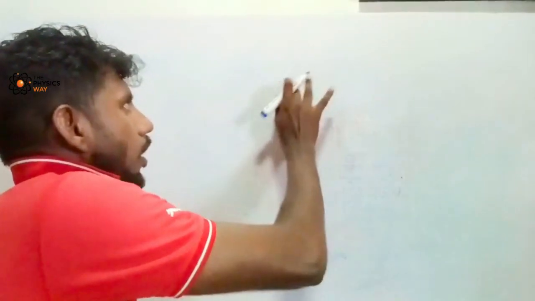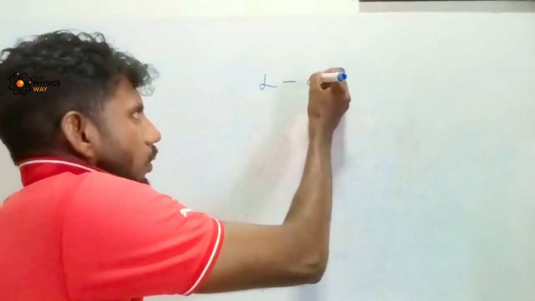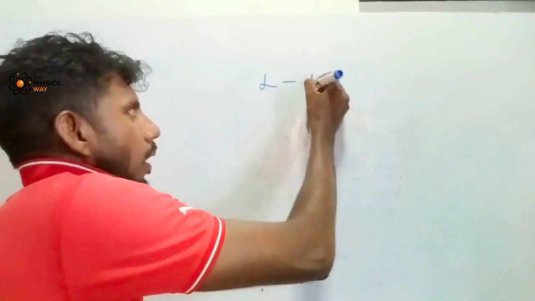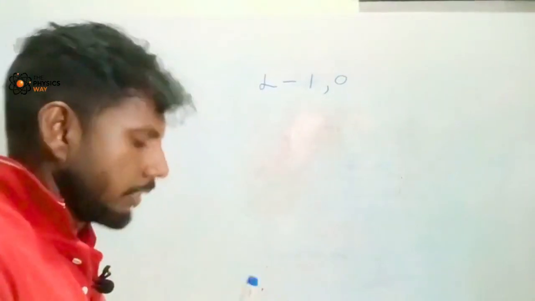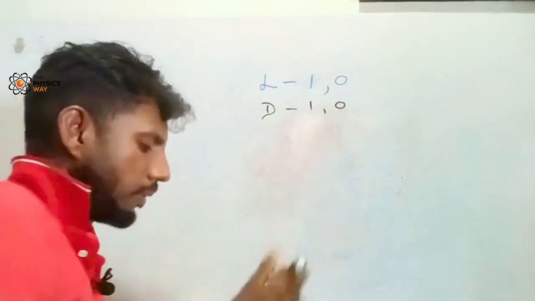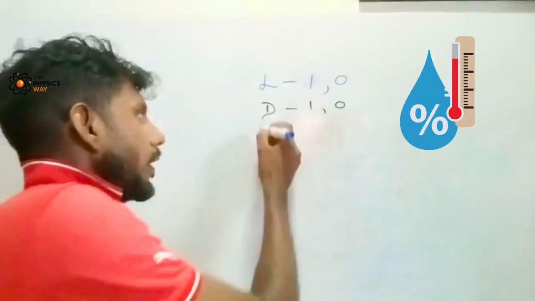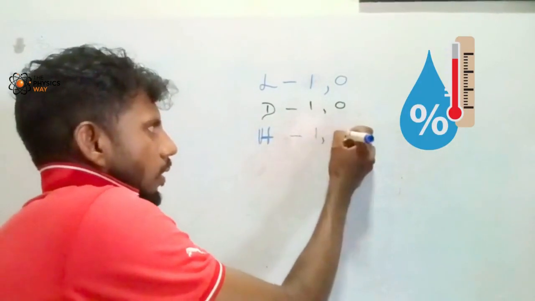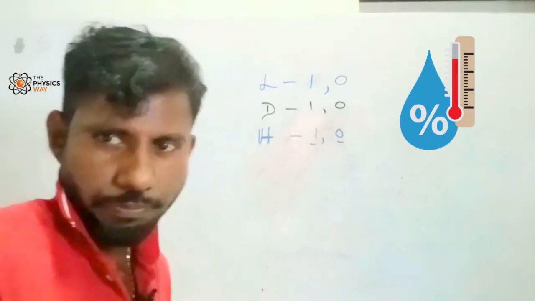If the laundry machine is in operation, L is 1. If it's not working, that's 0. And the door is closed, 1, and door is open, 0. Right. And the third option, humidity sensor, right? If the humidity sensor detects humidity, that's 1, and otherwise it's 0, right?